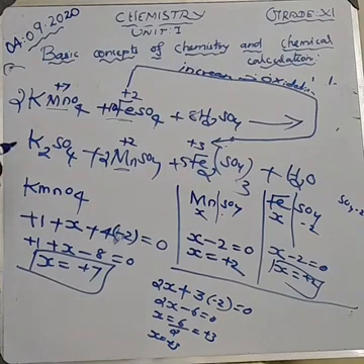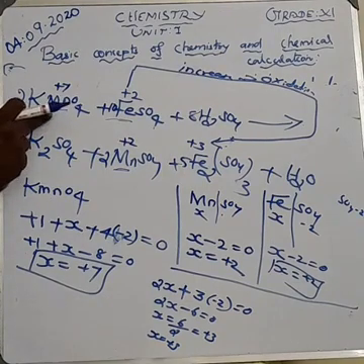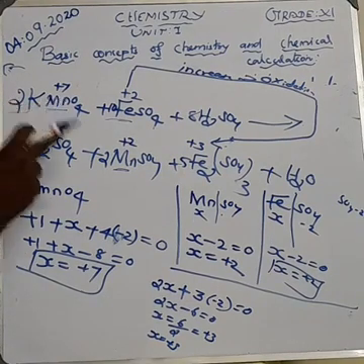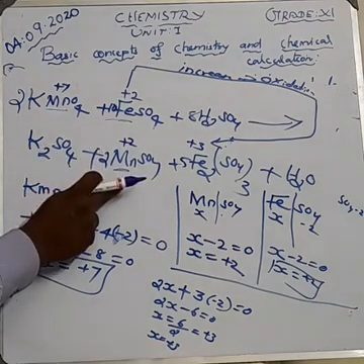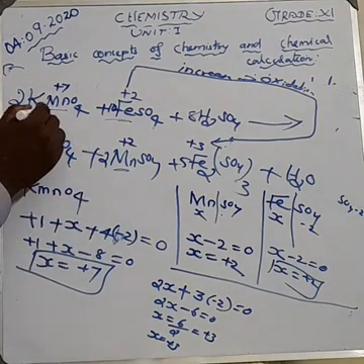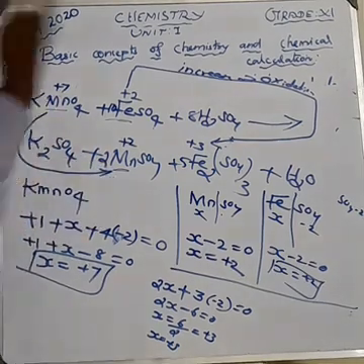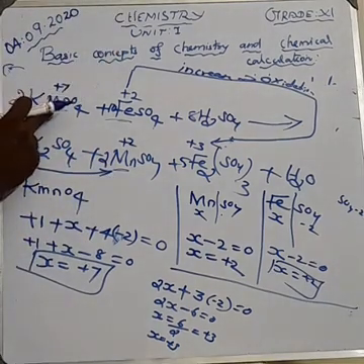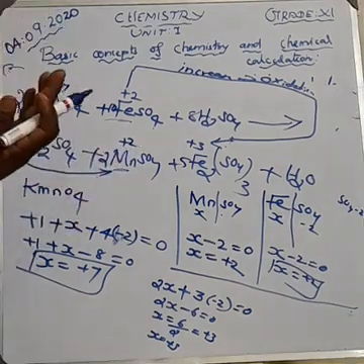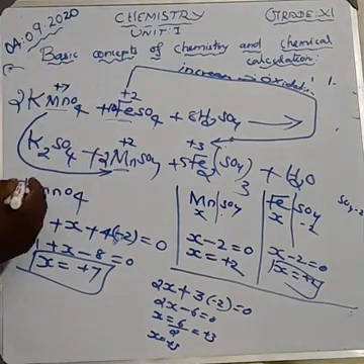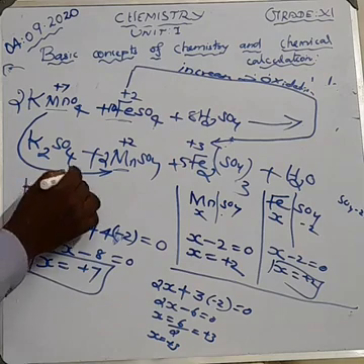Like that, in the reactant side manganese has plus 7, the product side manganese has plus 2. Plus 7 to plus 2. Increase or decrease? Decrease. So it is called what? Reduction.